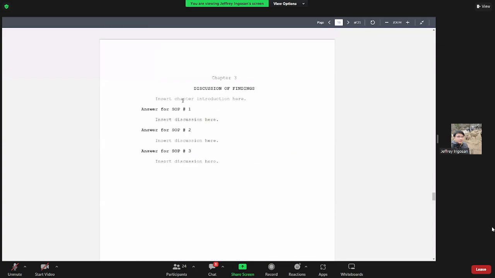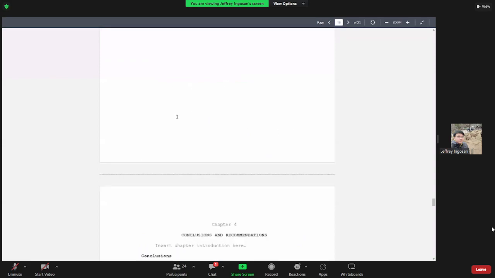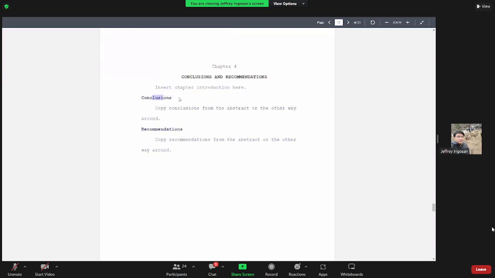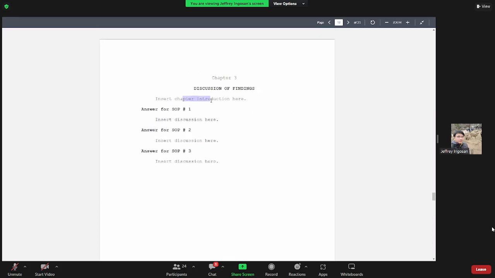What do we put in the chapter introduction? You just introduce what are the items that you will discuss in that chapter. So in the chapter introduction of Chapter 4, you just mention that you will have a discussion there of the conclusions and recommendations. Similarly, in the introduction of Chapter 3, you just mention there what you are going to discuss.